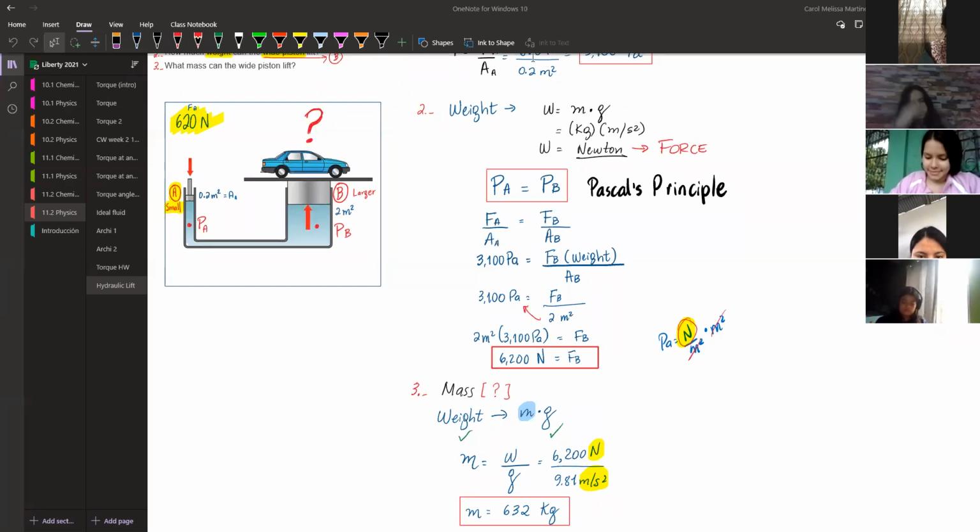Now, you might be wondering where the kilograms are coming from or not, okay? Some people ask and some people don't. But in my case, I just want you to know that this kilograms comes from this. You know, Newton is a compound unit, okay? Newton is a compound unit that is kilogram times meter over second square, okay? How do I get that?